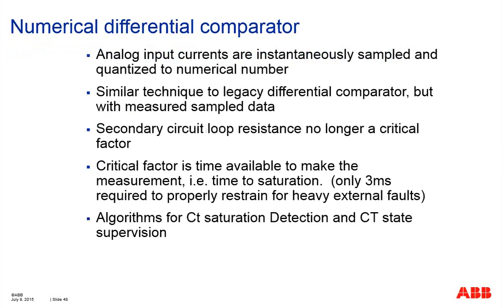The difference is that all the analog input currents are sampled, and after they are sampled, they are fed to the digital signal processor, for example the DFT algorithm, to estimate the phasor value.